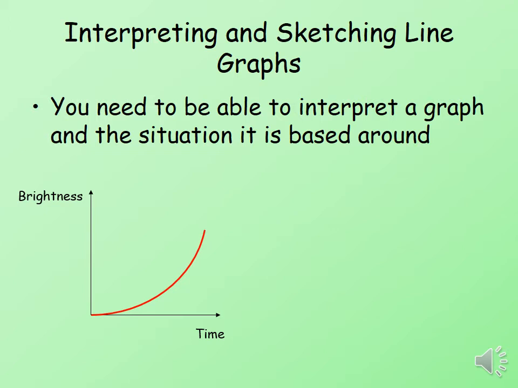Okay, so I'm about to reveal. This graph shows the brightness of a light, and the brightness of the light increases over time. That is the observation that you would make, and you would get full marks if you wrote something along those lines. That is what we're going to be doing on almost every slide in this presentation.